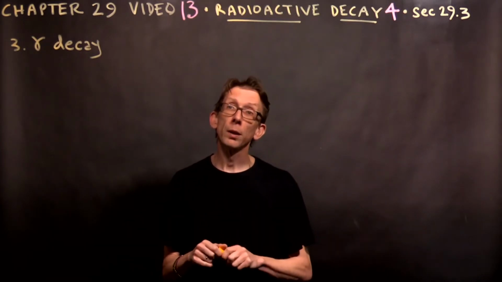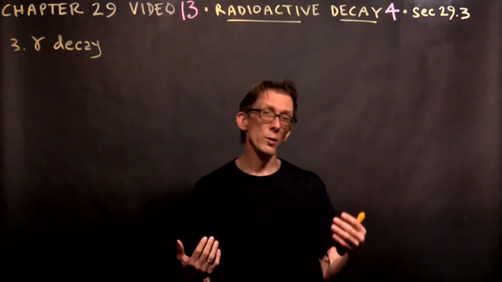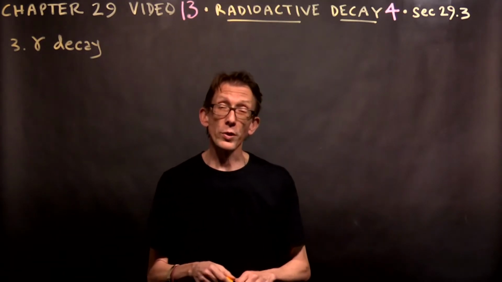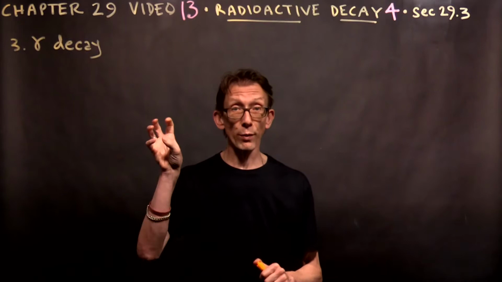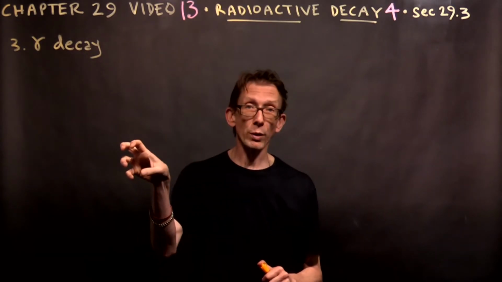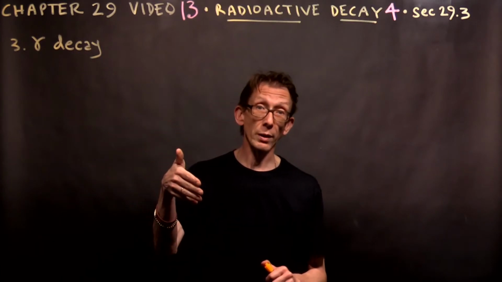Then we saw, among lighter nuclei and intermediate-sized nuclei, you get beta decay, which is where a nucleus with a certain number of nucleons becomes another nucleus with the same number of nucleons, like carbon-14 becoming nitrogen-14.